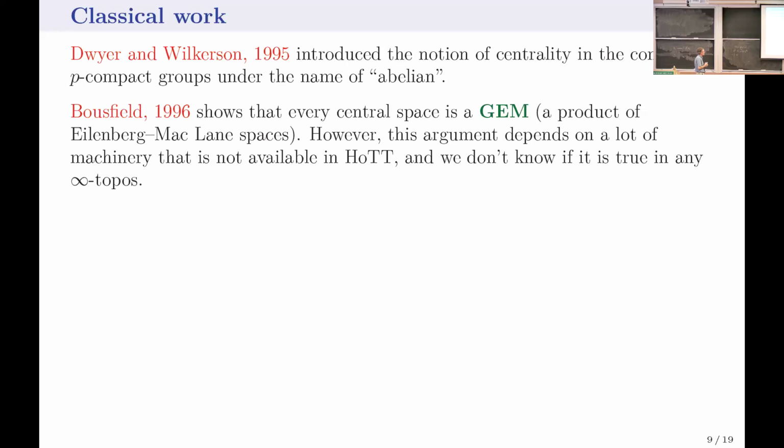Bousfield didn't ever name this concept, but in a proof, it appears at one point that he starts with a space with some assumptions, he shows that this evaluation map is an equivalence, and then from that, he's able to prove that such a space is a GEM, a product of Eilenberg-Mac Lane spaces. Okay. And in fact, in a second, I'll give you a complete characterization that he gave.